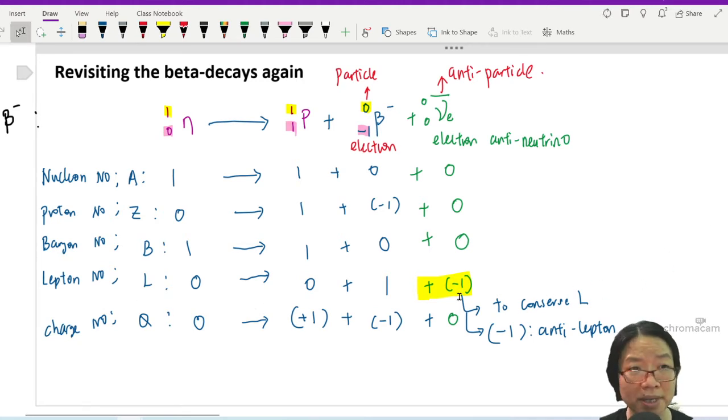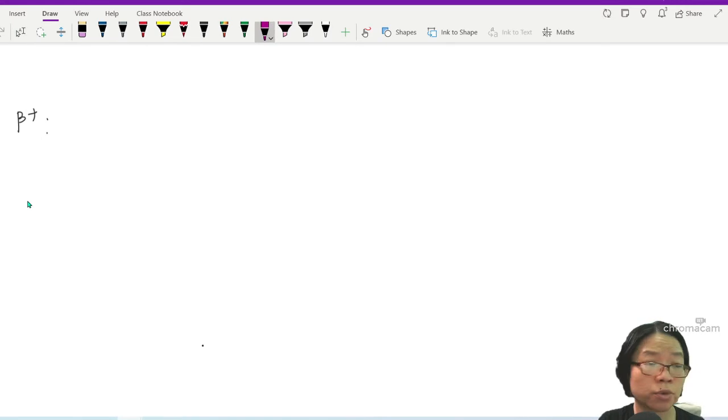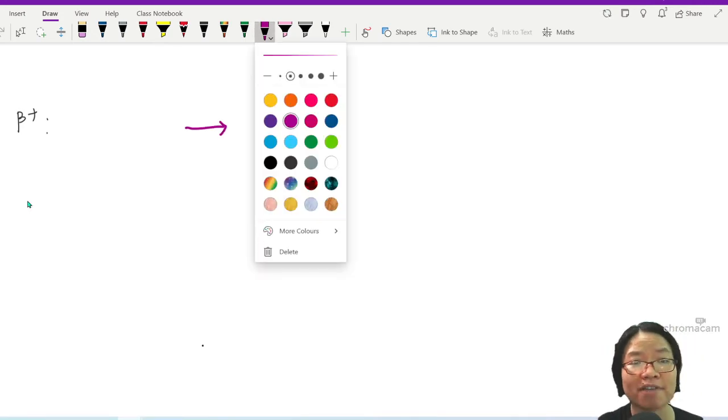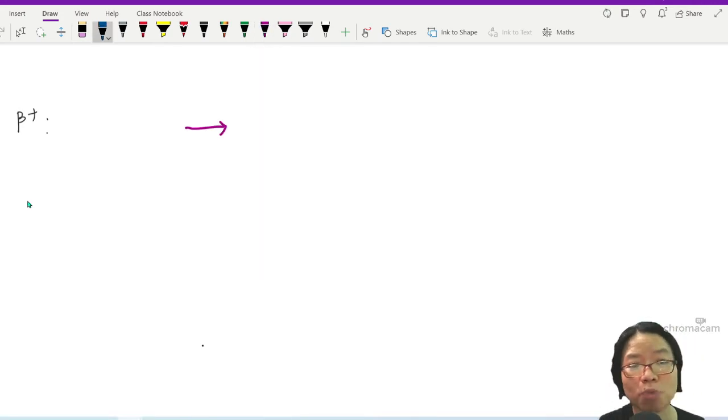All right. So what about beta plus? For the beta plus decay, what we will do is swap the proton and the neutron. Let me start by writing that first. We're going to look at the beta plus decay now. Previously for beta minus, we had an electron as a product. For beta plus, we should have a beta plus, or a positron, as a product. So this is my beta plus particle.